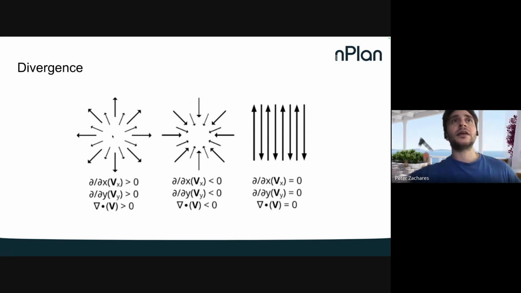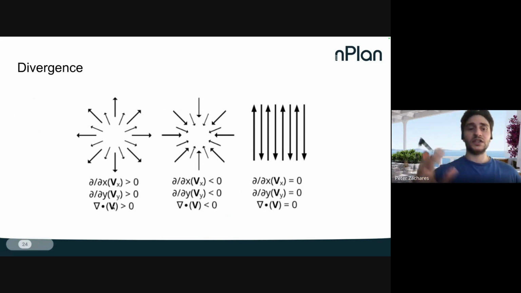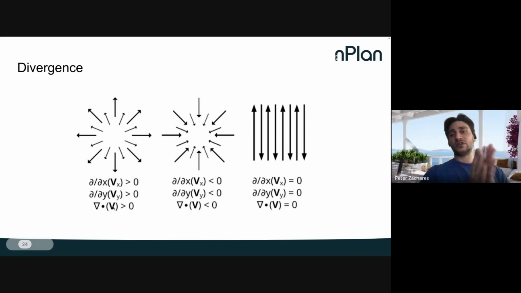You can see here they're all pointing out, which means that the divergence is greater than 0, which means things are moving out of the point. And in the next case, all the vectors are pointing into the point, which means the divergence is less than 0, which means things are going in.